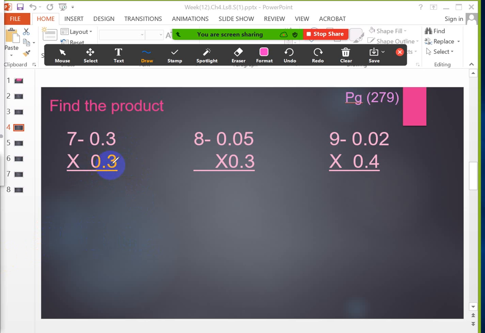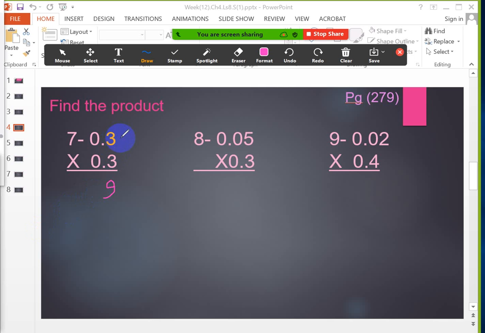Yes, my dear. 3 multiply 3 equals 9. Equals 9. Very good. Now, what about the decimal point? 0.09. Very good. Because we have two digits after the decimal point. Very good, Yara. Thank you so much.